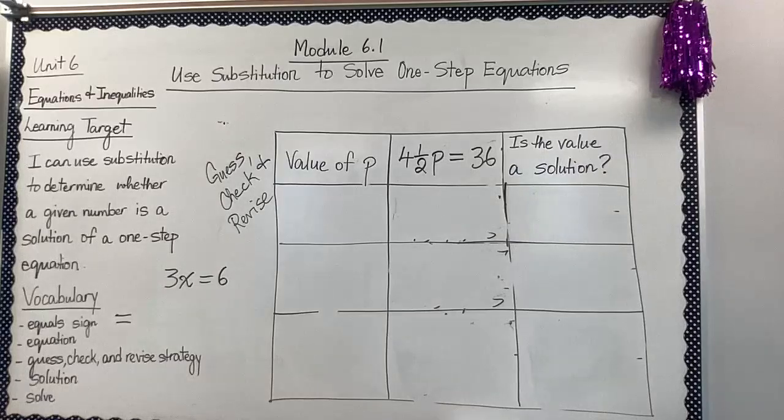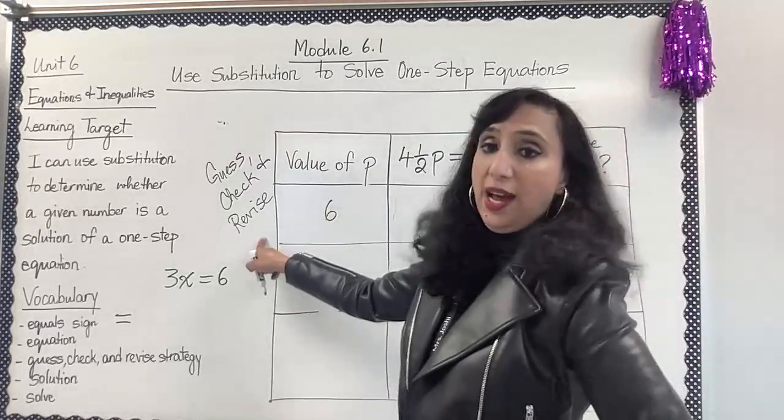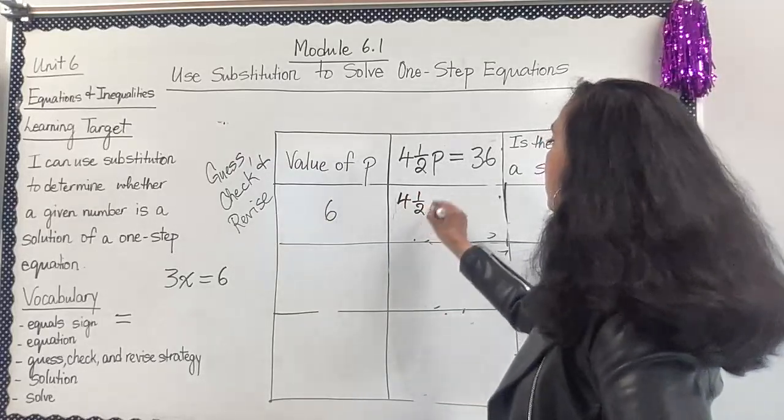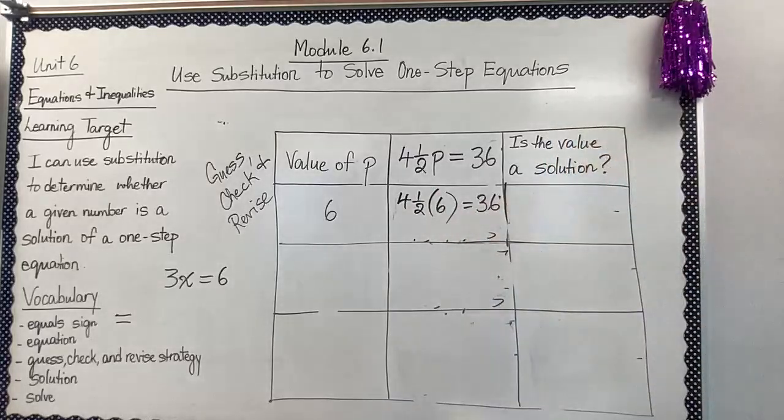So what I can do is start substituting. Let me substitute 6 into the equation. I do 4.5 times 6, will that equal 36?